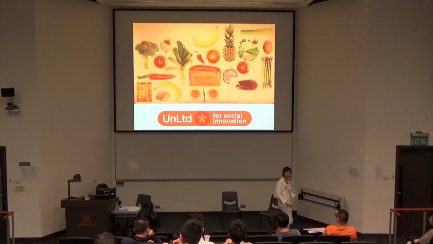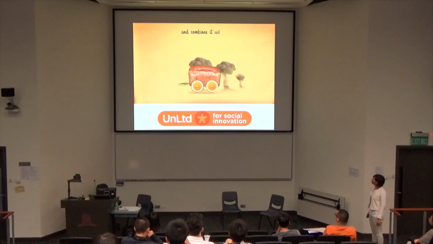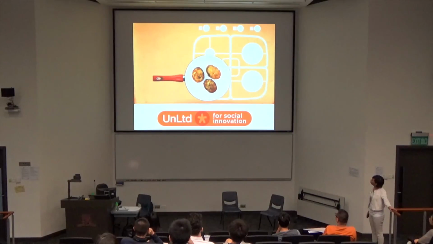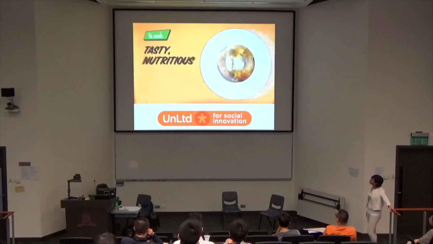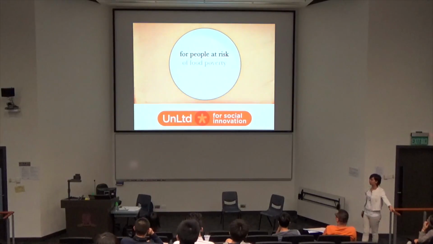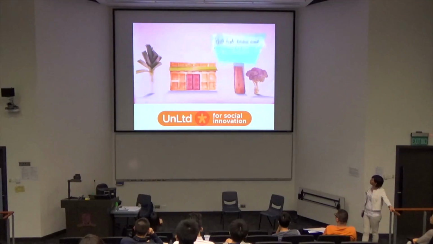FoodCycle takes surplus food from supermarkets and combines it with volunteers and spare kitchen spaces in order to cook tasty, nutritious meals for people at risk of food poverty and social isolation. We work through the hubs, which use our triple donation model.